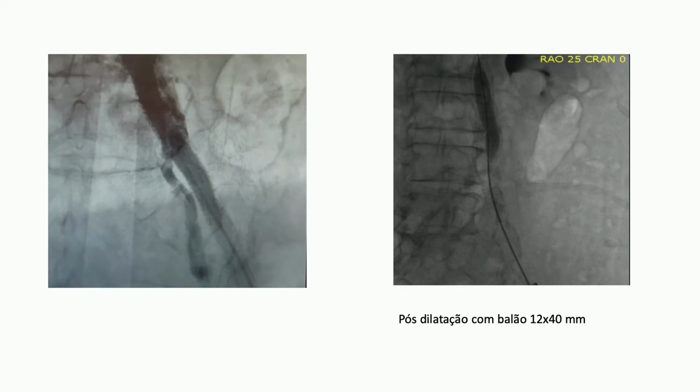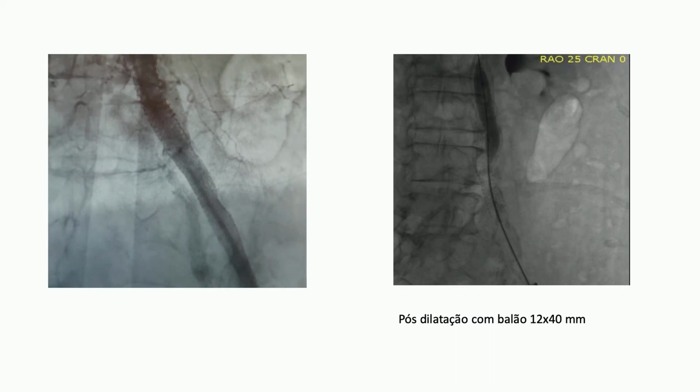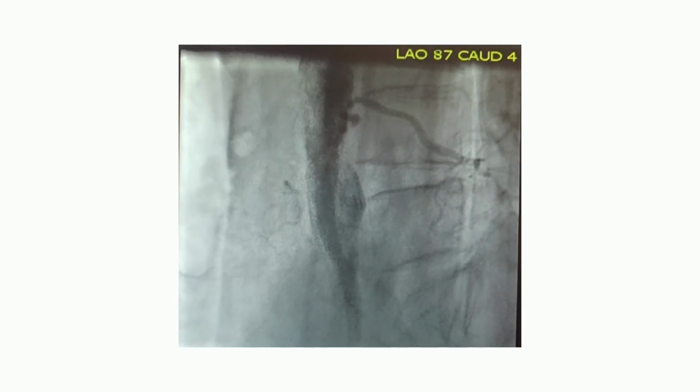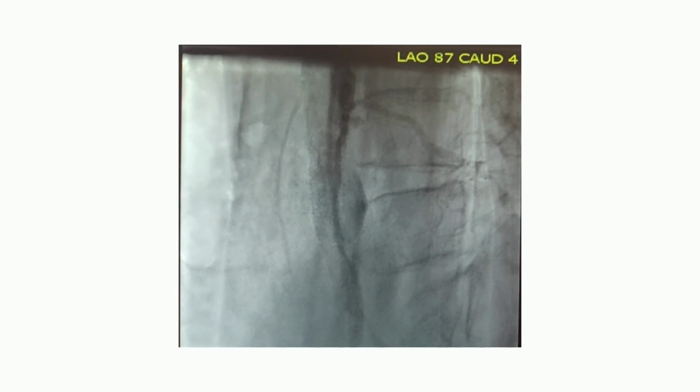And we see inside the Viabahn like a bleeding. We don't know why, and we did a post-dilatation, and this is the final result. Actually, we see some bleeding of the patient. The patient was very stable at that time, and we decided to stop the procedure.